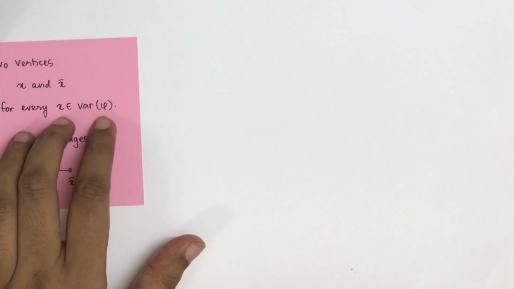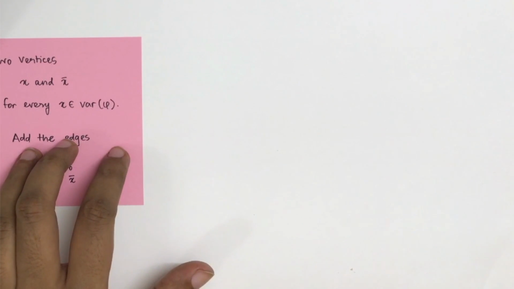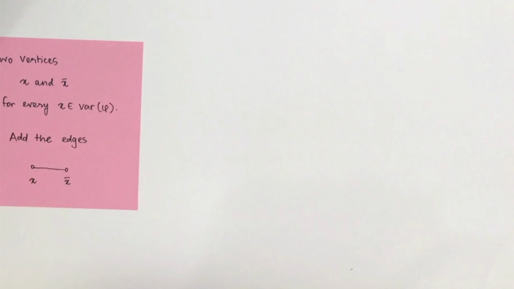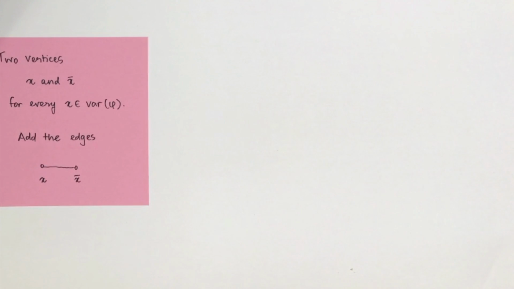For every variable in the formula phi, we are going to introduce 2 vertices, one representing the positive literal and one representing the negative literal. So just like we added a matching between the 2 copies that we created in the OCT construction, we are also going to add edges here between the x and x bar vertices that represent a single variable x. So at this point, your graph is just a matching. We haven't added anything else just yet.